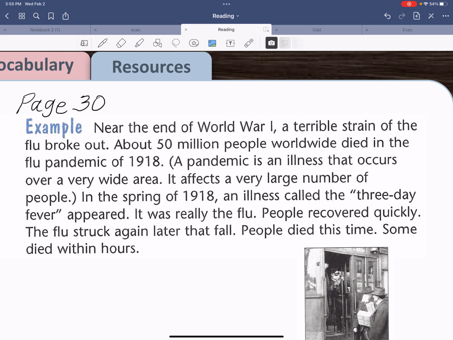It affects a very large number of people. In the spring of 1918, an illness called the 3-day fever appeared. It was really the flu. People recovered quickly. The flu struck again later that fall. People died this time. Some died within hours.